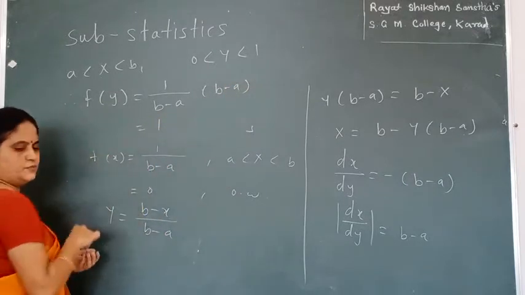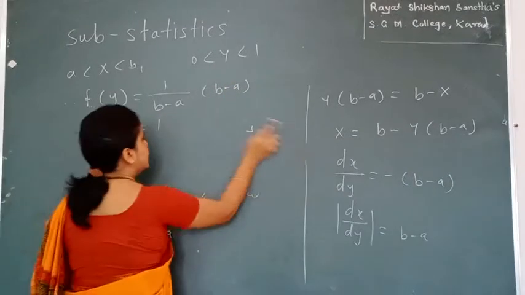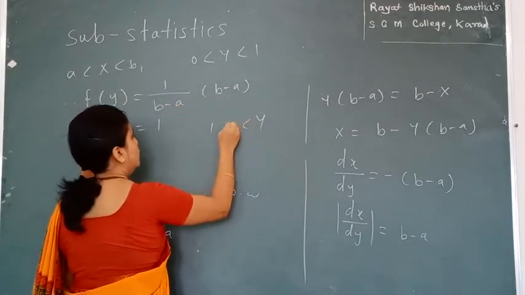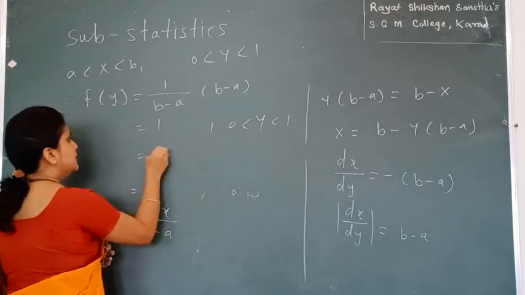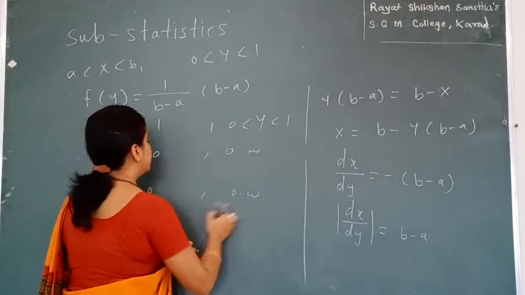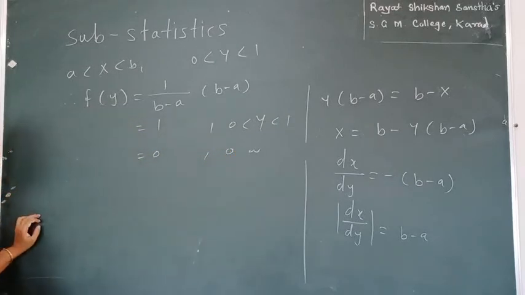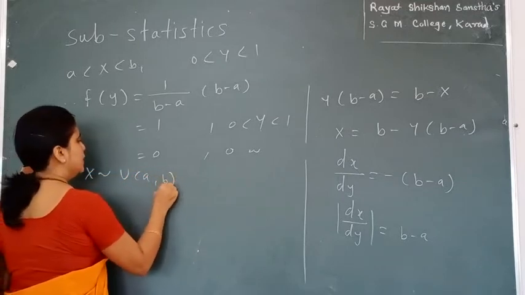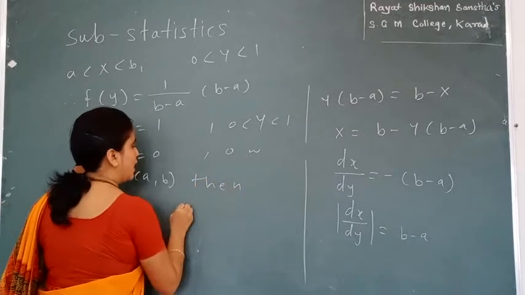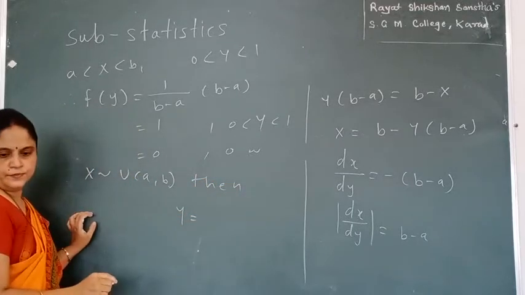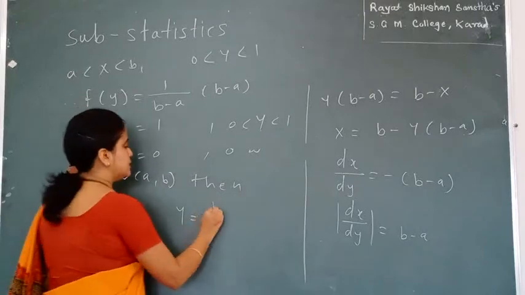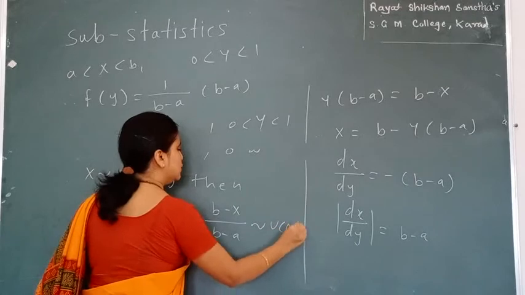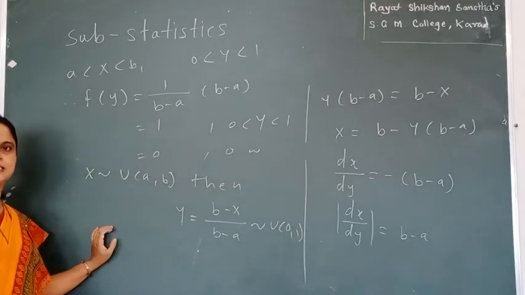So this comes as 1 for the range of y, which we found as 0 to 1, and 0 otherwise. That means if your x follows uniform AB, then your y, which is equal to b minus x divided by b minus a, follows uniform 0, 1. This is my second problem.